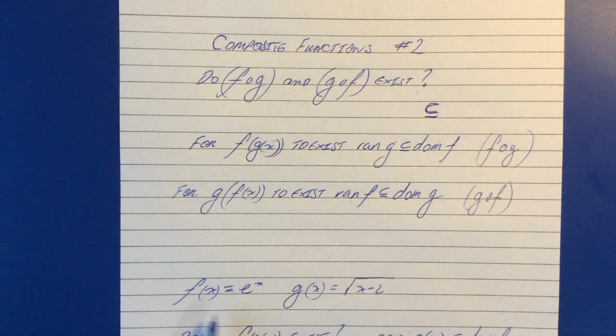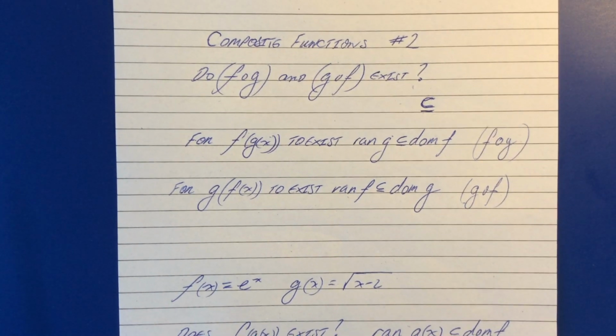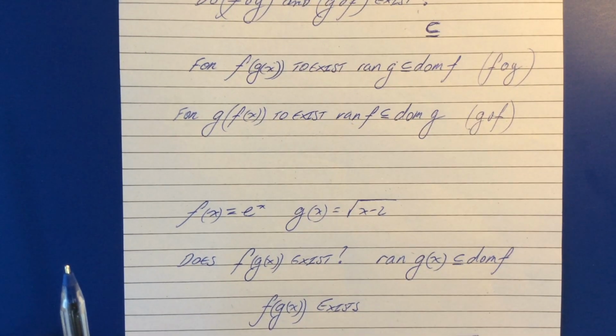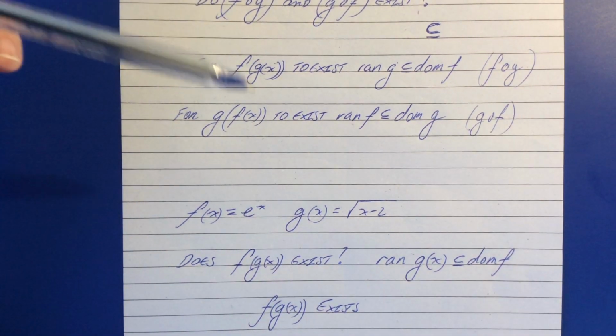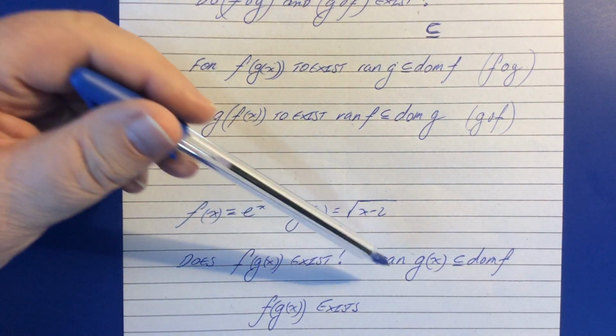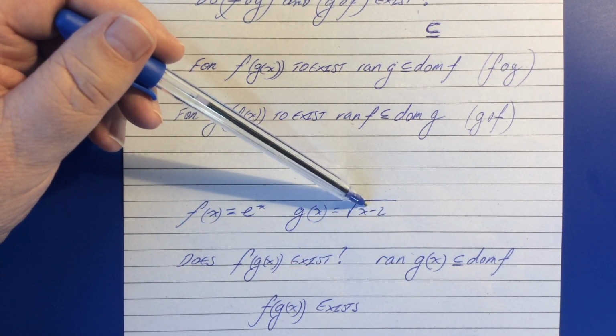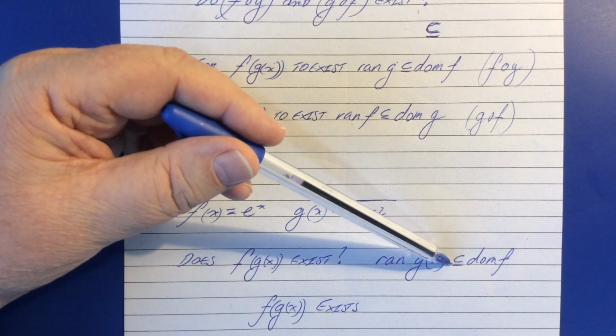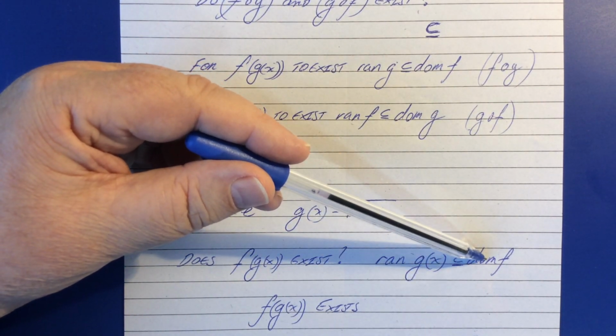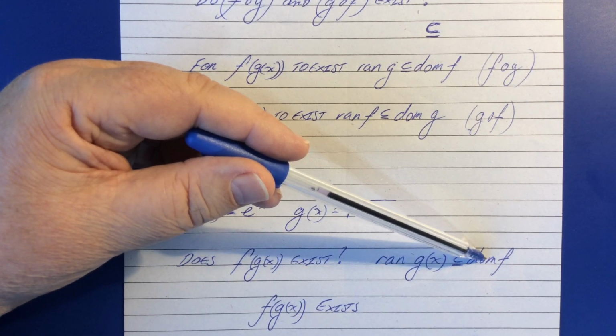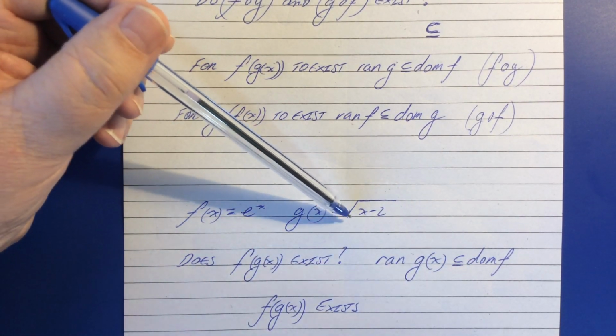So what we have here, f of x equals e to the x, g of x equals the square root of x minus 2. Our question is, in this case, does f of g exist? In order for that to be the case, the range of g of x has to be a subset of the domain of f. Now, what is the range of g of x?